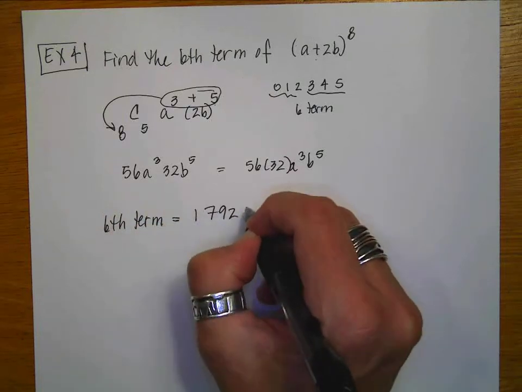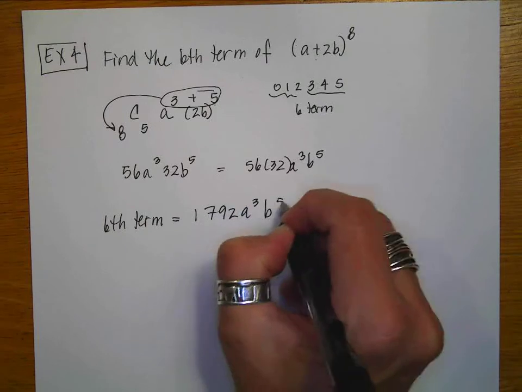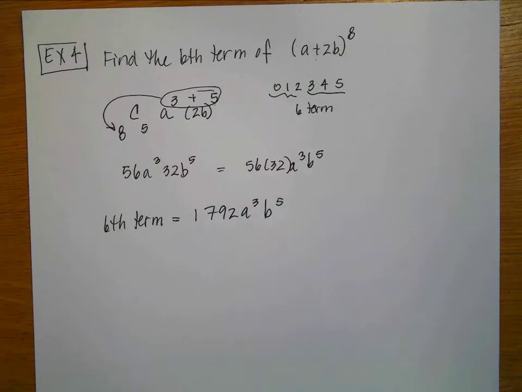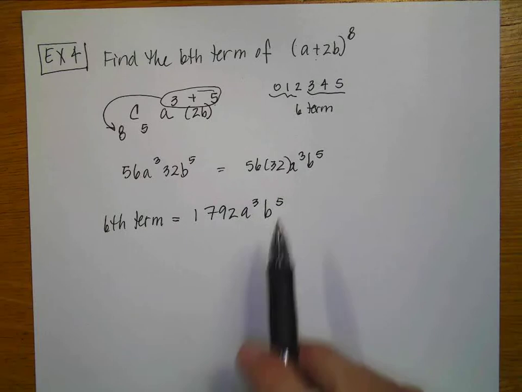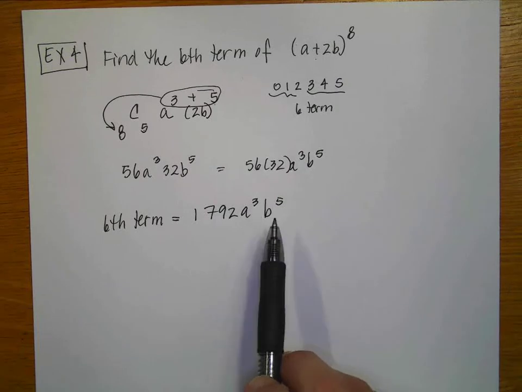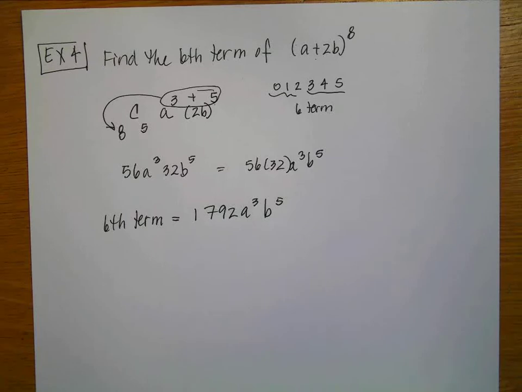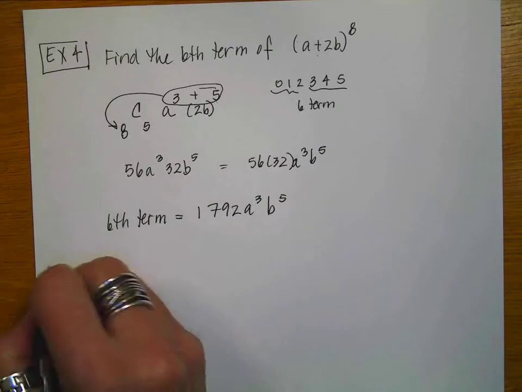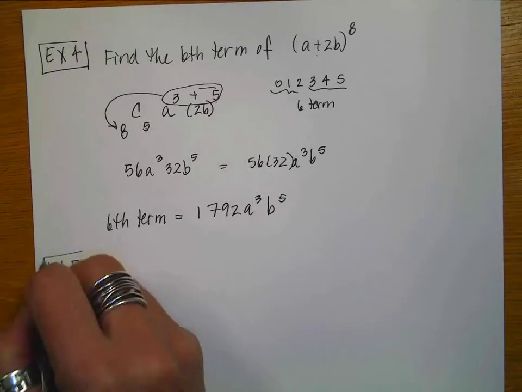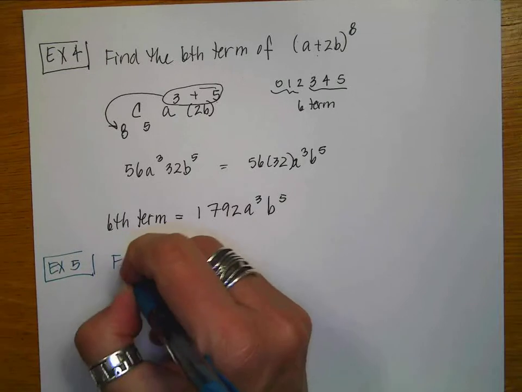And so the 6th term is going to equal 1792a^3b^5. So I think combinations are really pretty cool in Pascal's triangle because I can generate terms with all of the unique way that the numbers play together.